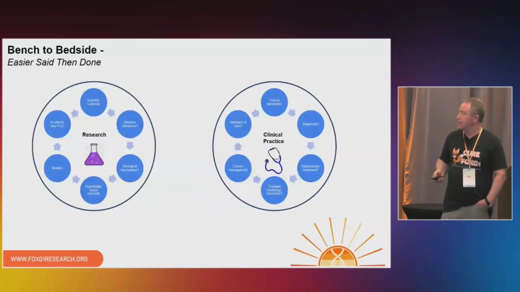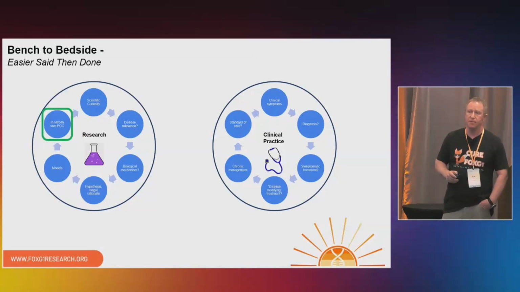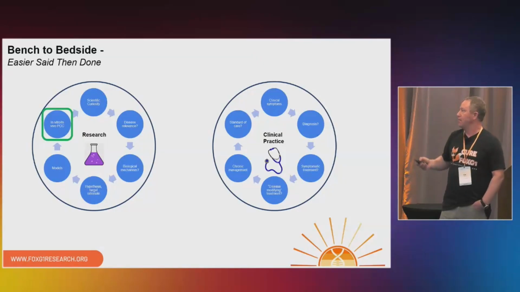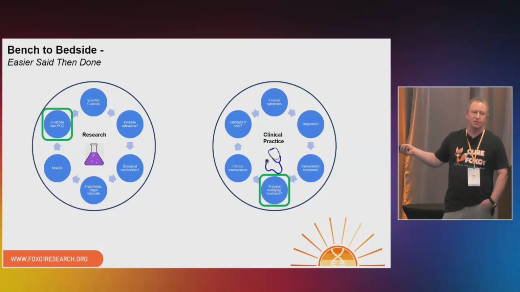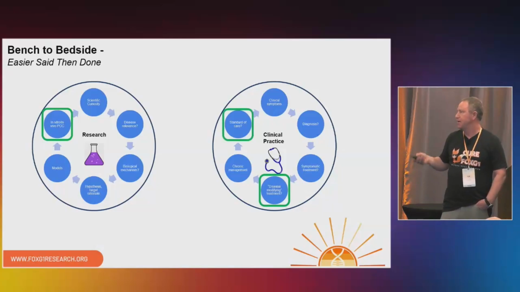And at the end of the day, our ultimate goal would be to take this work of a preclinical proof of concept that Sue described, and at the end of that arc, have a disease-modifying treatment that becomes standard of care for FOXG1 syndrome.